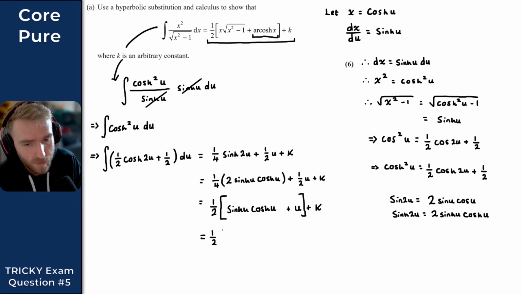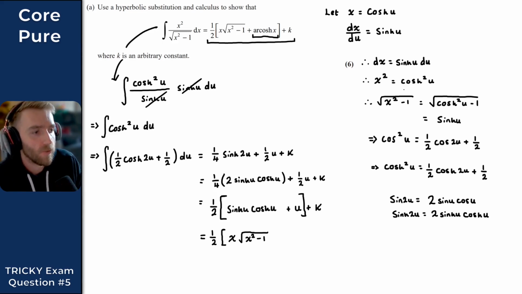So I've got 1 over 2 times sine u, which is this here, times cos u, which is x, right, from the original substitution. So I've got x times the square root of x squared minus 1. I've got plus u here.